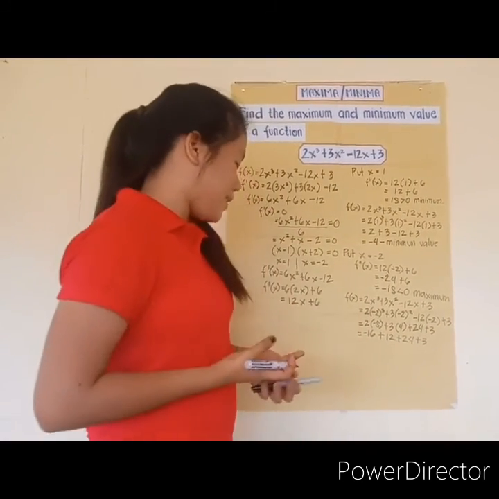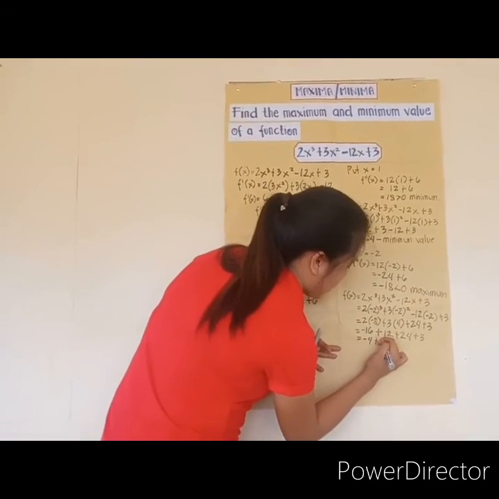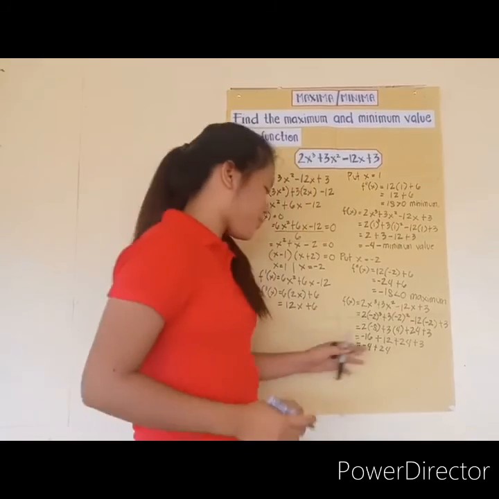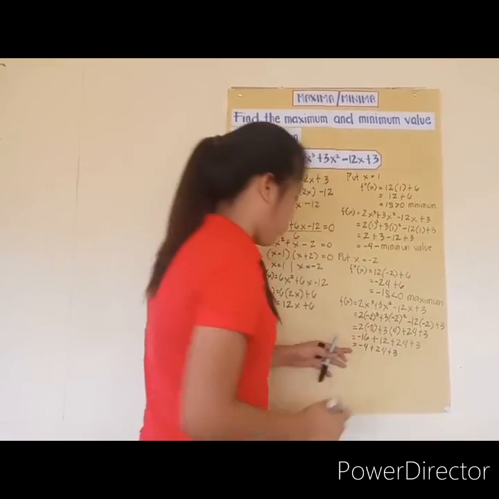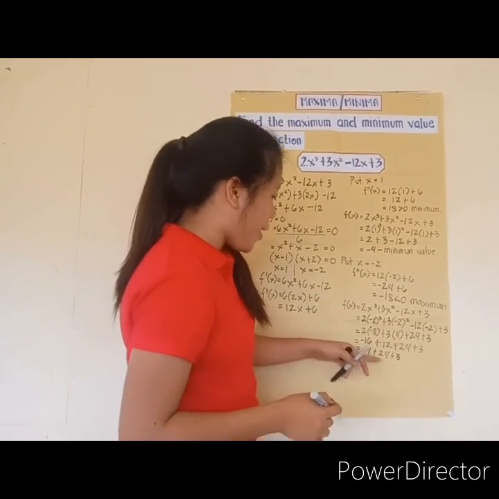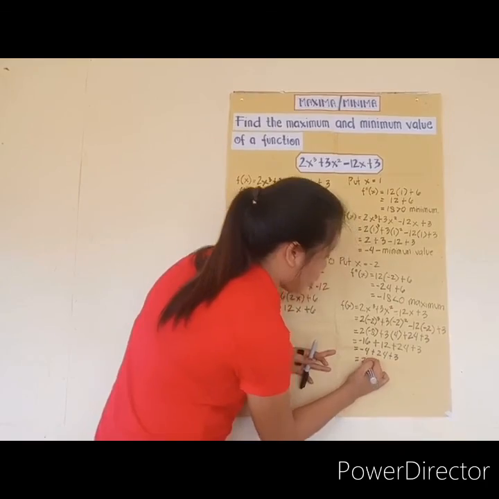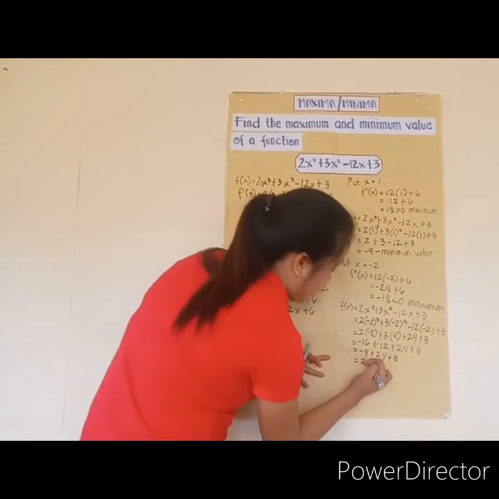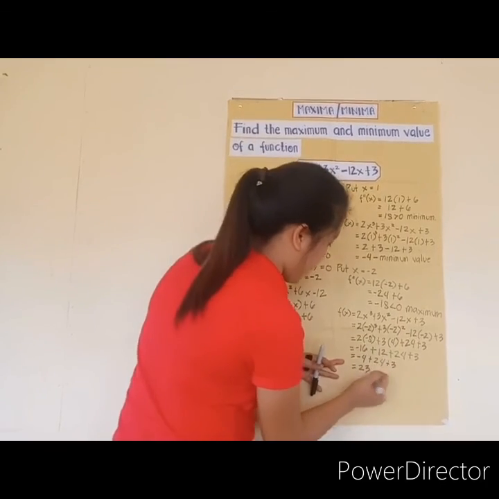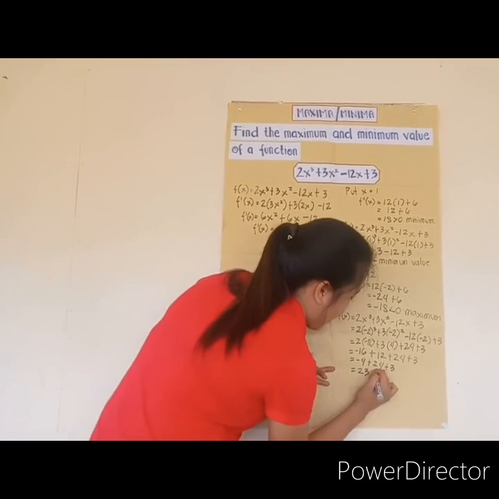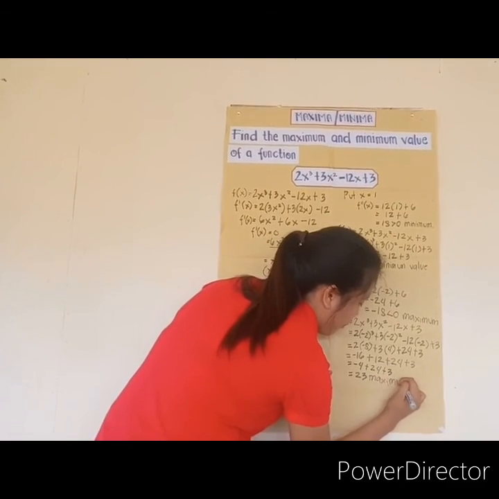Negative 16 plus 12 will become negative 4, plus 24 plus 3. So negative 4 plus 24 is equal to 20, plus 3 is equal to 23. So 23 is the maximum value.